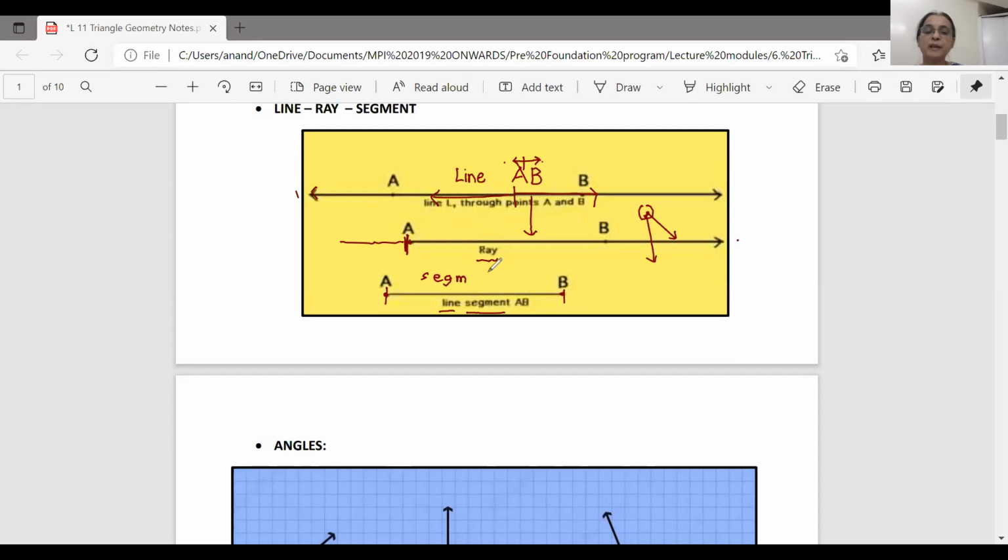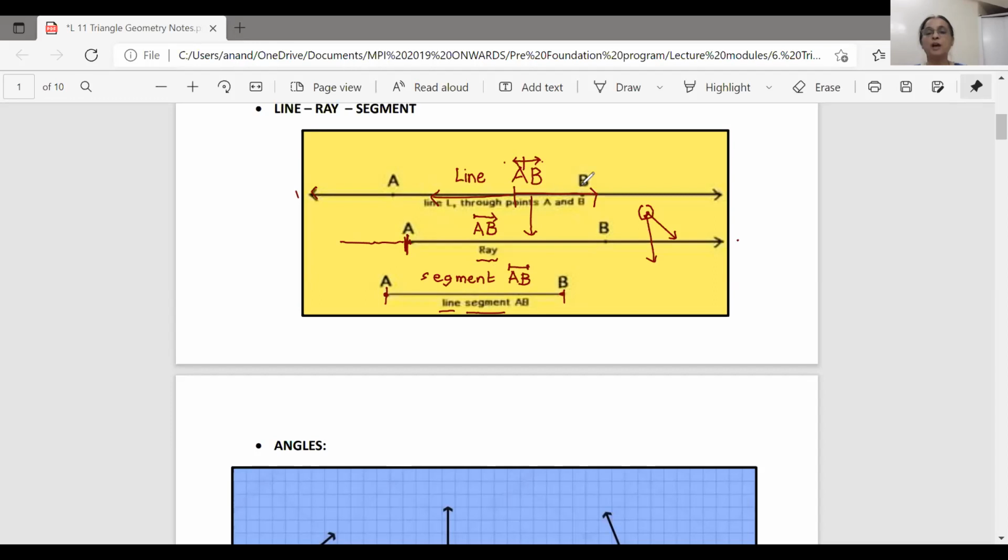Ray AB is also a section of a line. So ray and segment are nothing but parts of a line. Ray I will indicate by this sign, a fixed end on one side and indefinite on the other side. And segment I will indicate by two fixed endpoints.